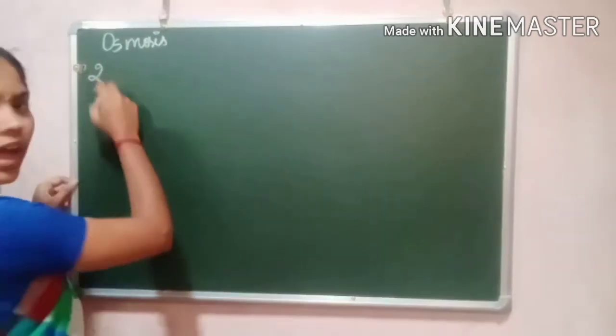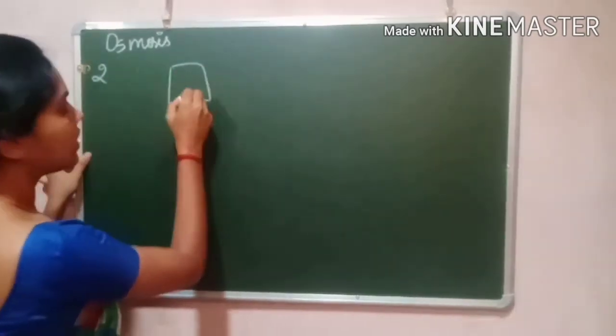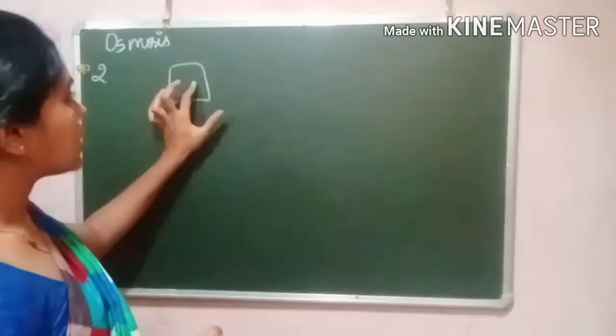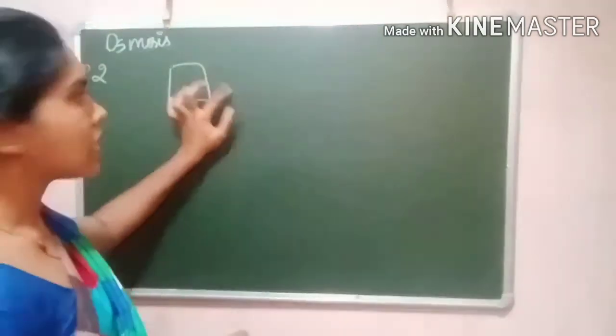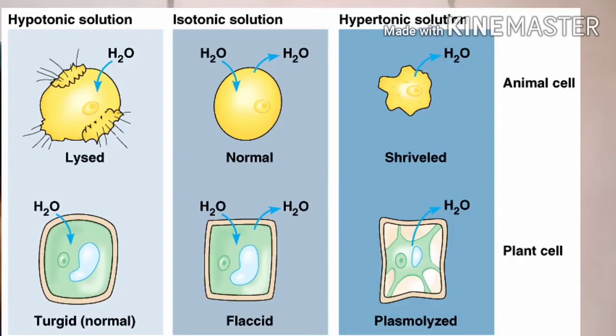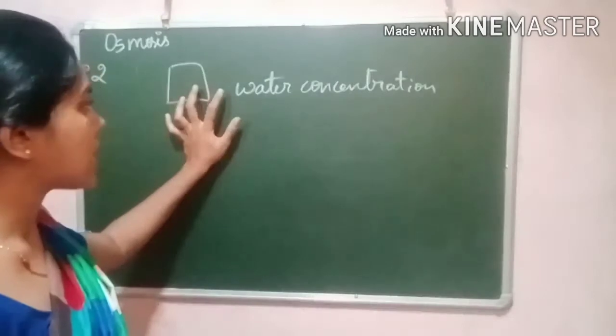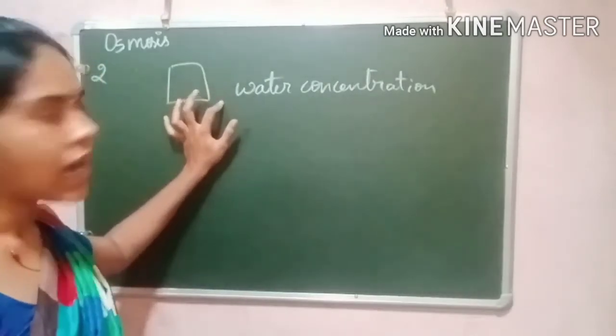Take the second example. Consider the concentration of water inside and outside the cell is almost similar. What happens? Water concentration is almost the same inside the cell and outside the cell.